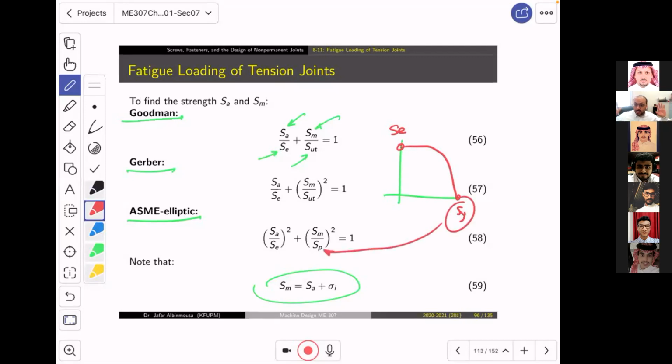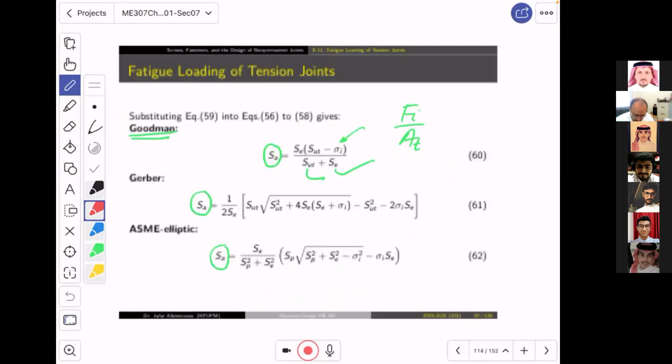Why? We said, ya shabab, anything related to the yielding of the bolt, we use SP. SP here is like yielding for the bolt. So that's why we have SP even in there, which is also tabulated. It's the proof strength. If you know grade A or class 4.8 or something, you will know what SP is.